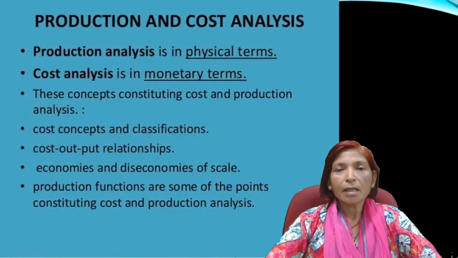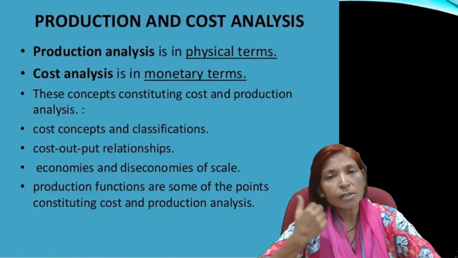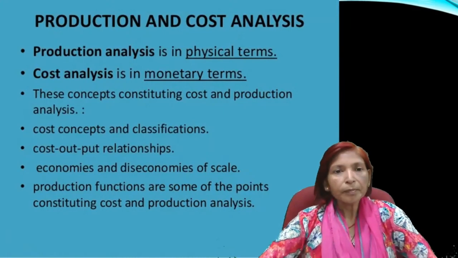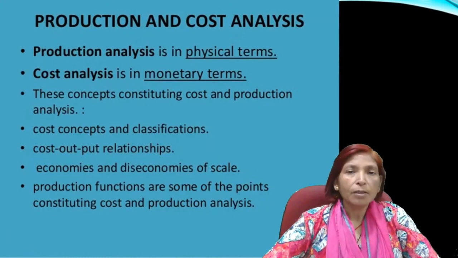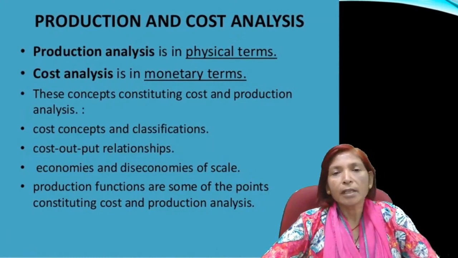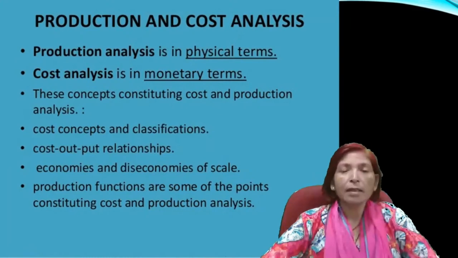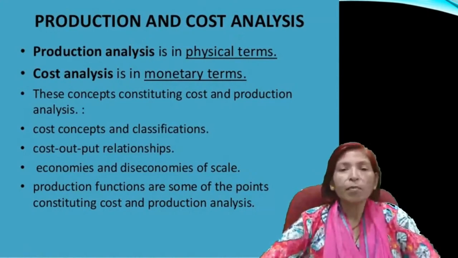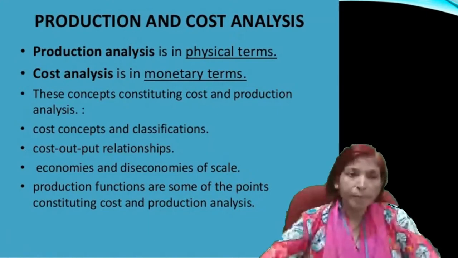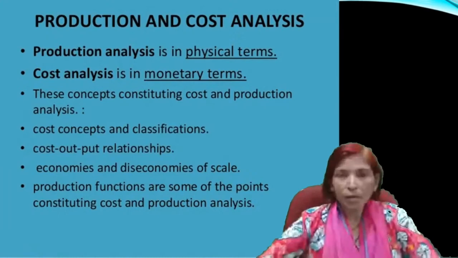Now, what is the meaning of production and cost analysis? You know that production means to produce goods and services in physical terms. So production analysis is in physical term analysis, and the cost analysis is in monetary terms, because we always analyze cost in terms of money.